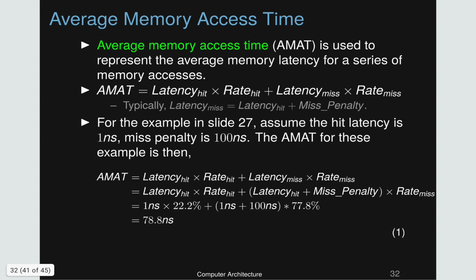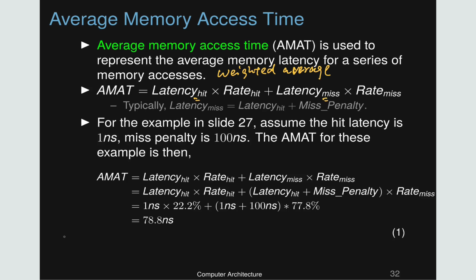Additionally, we also have an equation for computing average memory access time. Average memory access time is effectively a weighted average of the hit latency, how long it takes to do a hit, and how long it takes to do a miss.